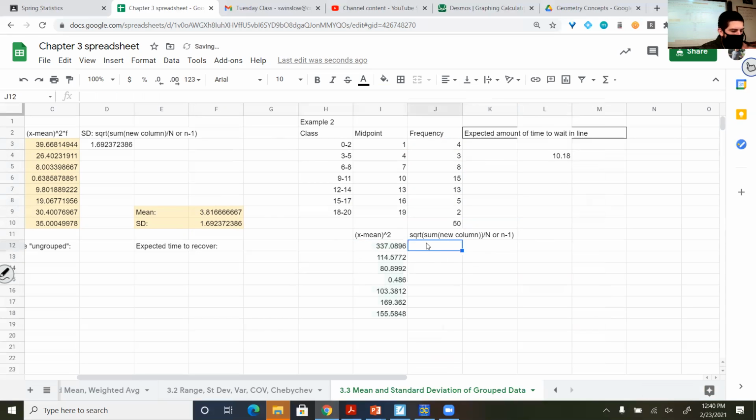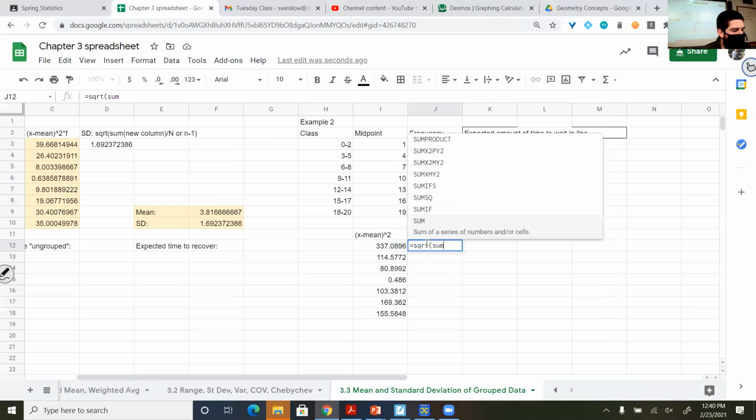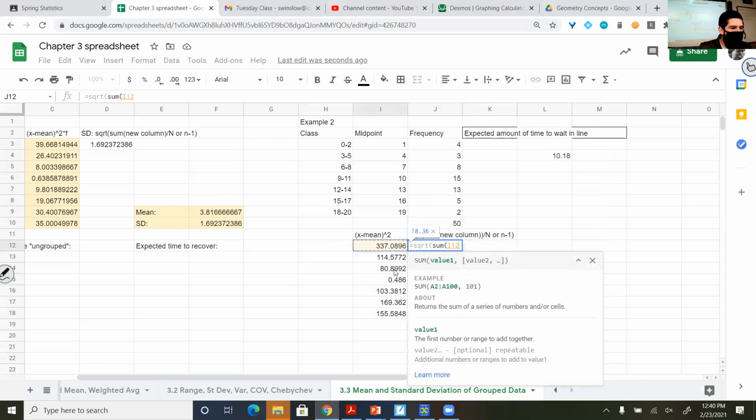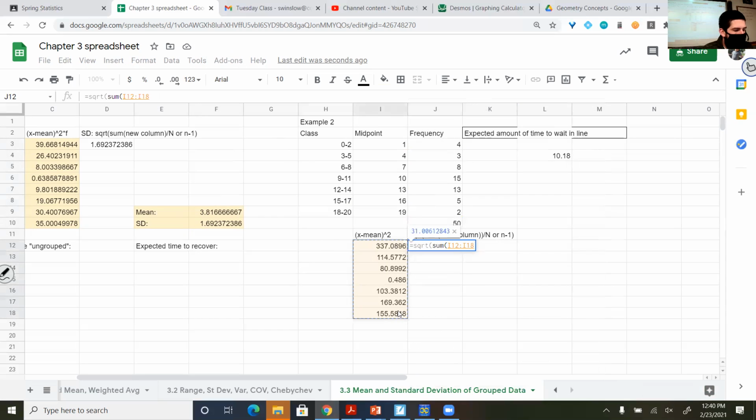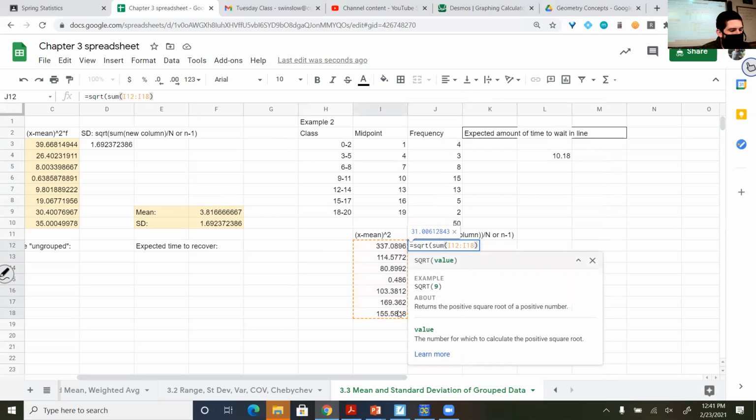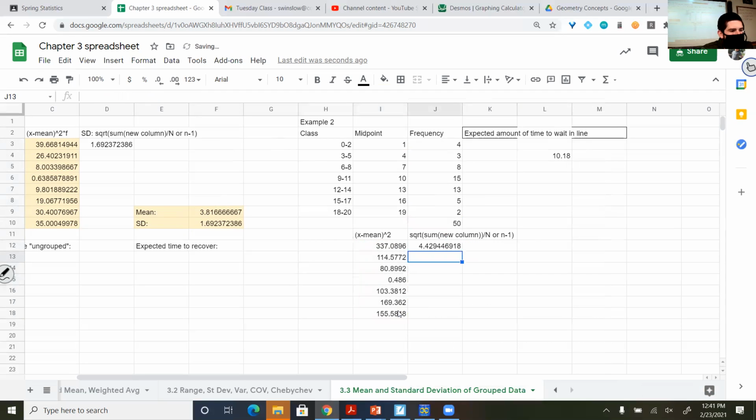There we go. And so over here, I'm going to do the square root of the sum of this column. Close that bracket, and I'm going to divide it by 49. And so I'm getting that you should expect to wait about 10.18 minutes, give or take about 4.5 minutes.